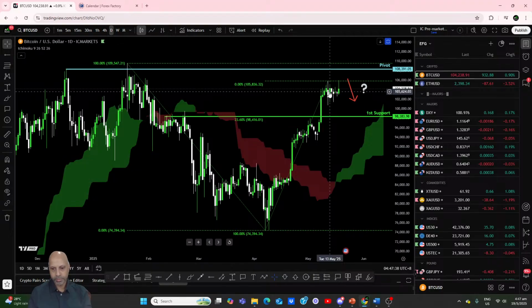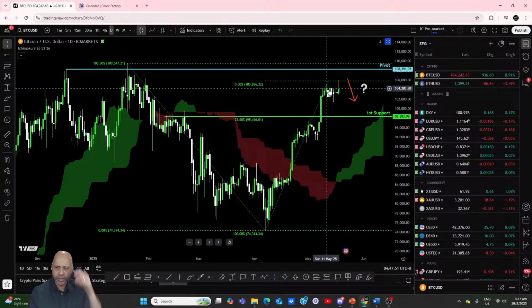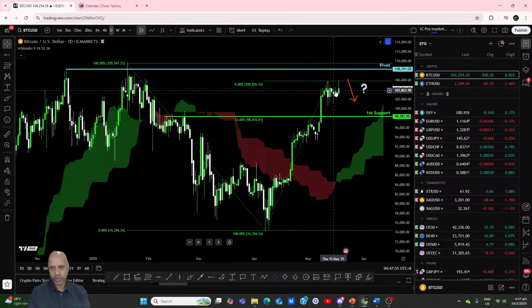So we can see here for most parts of last week, right? After climbing above the level of 100,000, Bitcoin has sort of floated around 104,000. After a very strong rally, it is floating around or consolidating around 104,000 for most parts of last week and over the weekend as well, right?